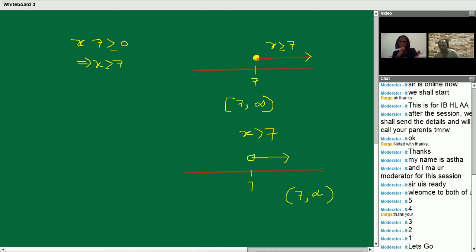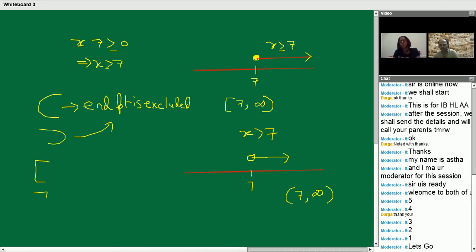And infinity, since it is not finite, always remember, it is not possible to use a square bracket. So the curved bracket means the endpoint is excluded, and the square bracket means the endpoint is included.